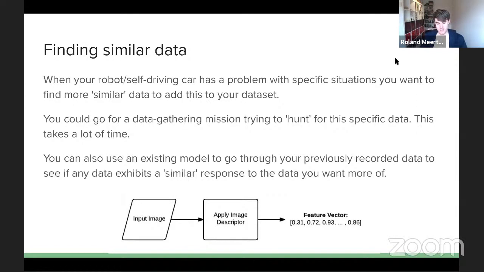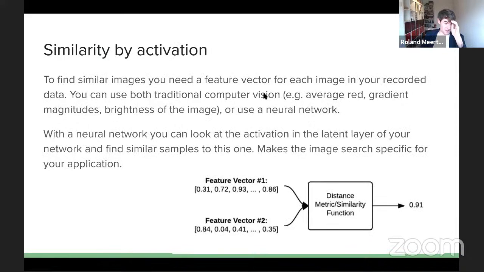That means that apparently the neural network thinks that it has roughly the same content. We will go over the downsides of this later. But the idea here is that you can have this similarity by activation.